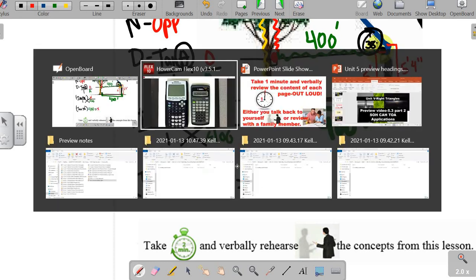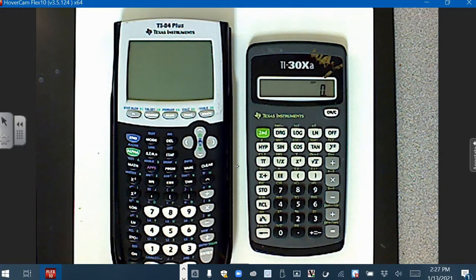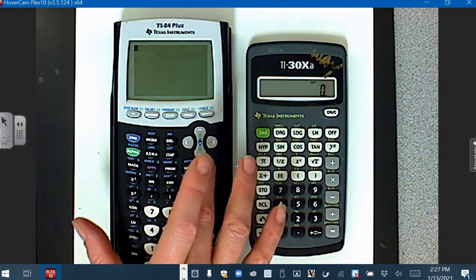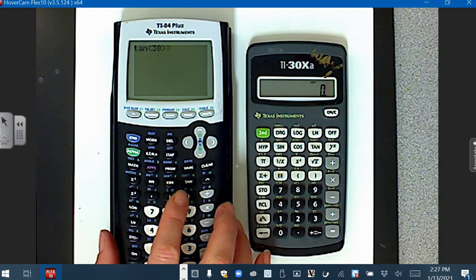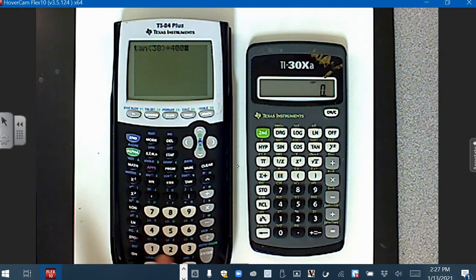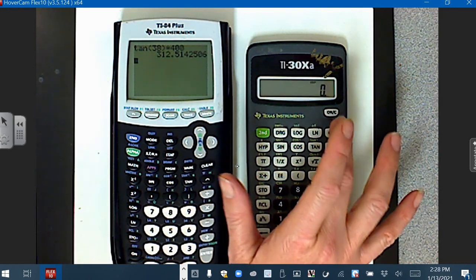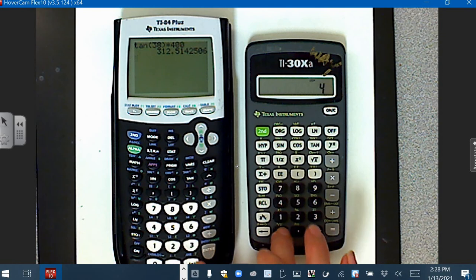So tan 38 times 400. Okay, right here, we're going to go tangent 38, close the parentheses up, very important, times 400. This one, we're going to go like this, 38 tangent times 400.